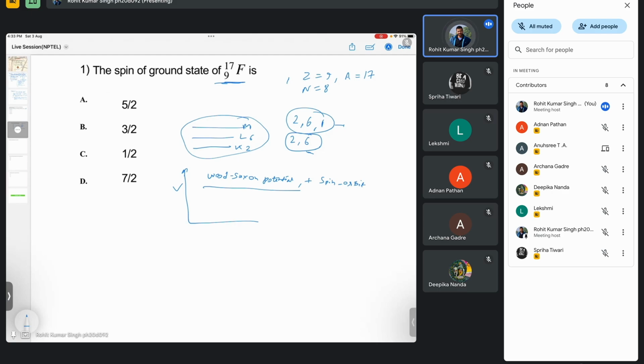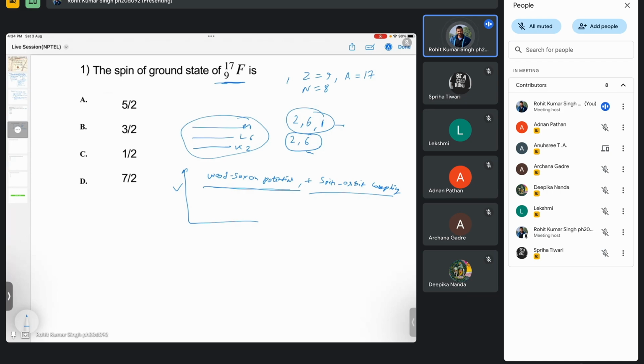Spin orbit coupling gives an extra term into the potential, and it further splits the energy levels. So finally what you have is a shell model with different energy states.